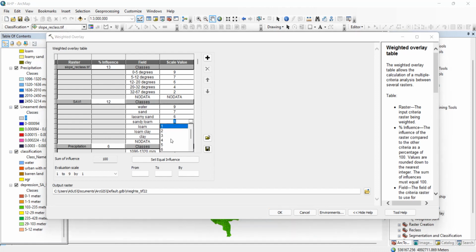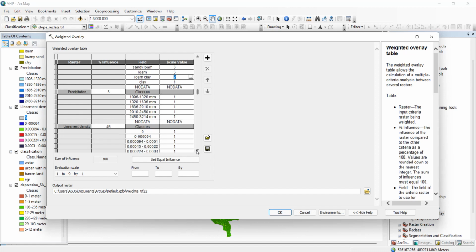Sandy loam the same, I think. Loam slightly smaller. Loamy clay is 0. No, let's assign it 2, okay, because the clay is the smallest parent material, and it has such small pore areas that water almost cannot penetrate into the groundwater zone, and the clay is 0.